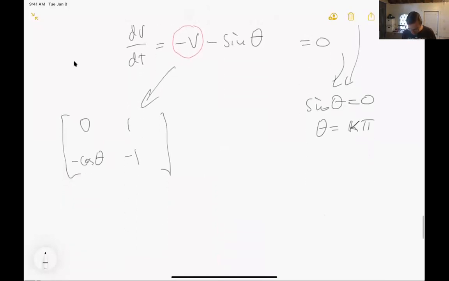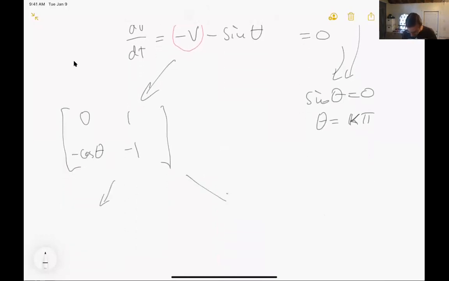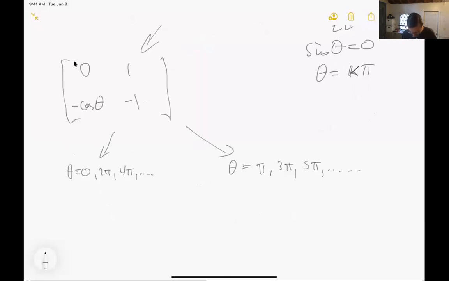Okay. Now there's two possibilities. Either theta is an even multiple of pi, or theta is an odd multiple of pi. Those are the two possibilities for the different matrix. When theta is an even multiple of pi, cosine theta is 1, right?